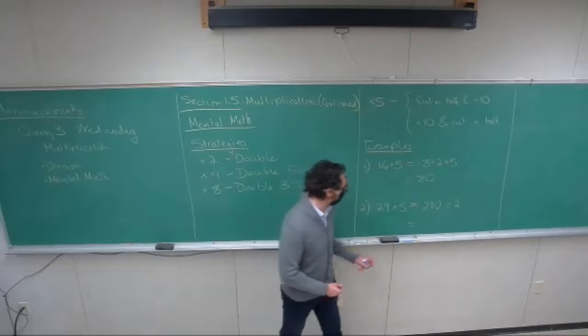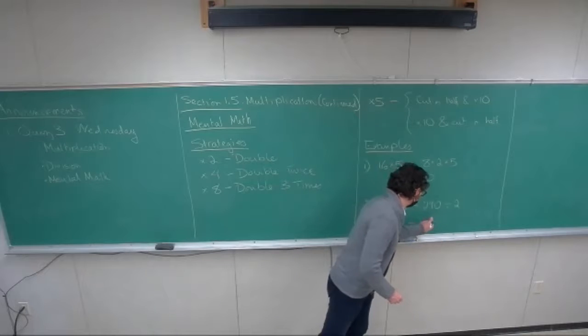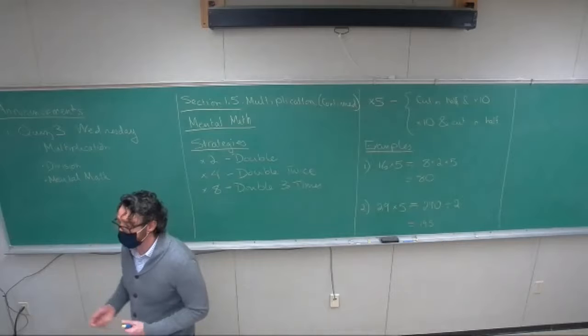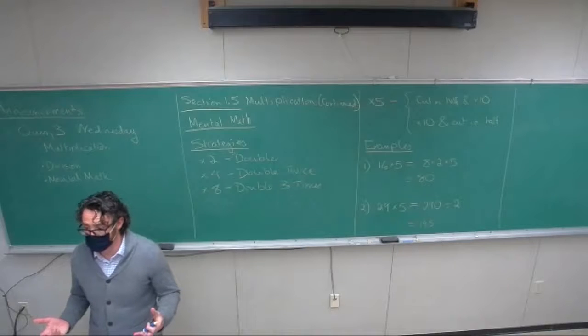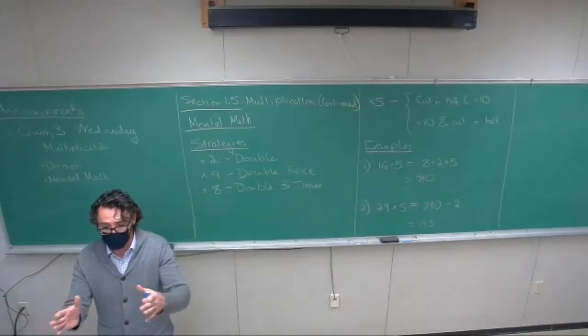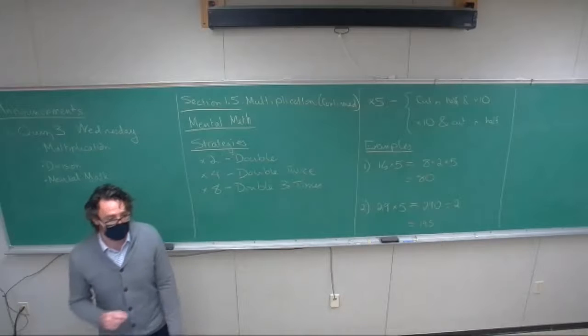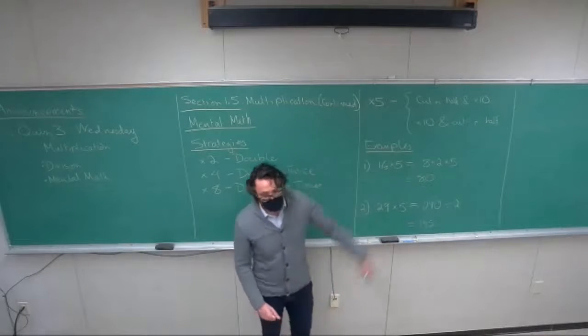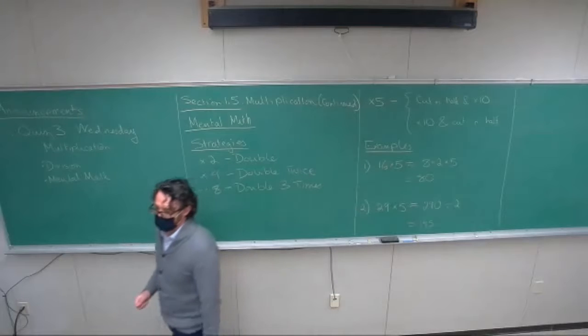I guess you're going to get 145. I basically did 300, cut that in half, got 150, okay? But 300 had 10 more than I needed, so each of the halves would lose 5. So there's that. Okay, so that's a mental math strategy for multiplying by 5.